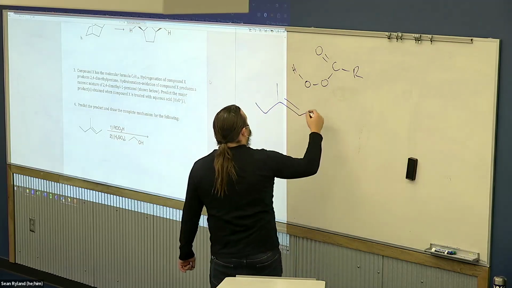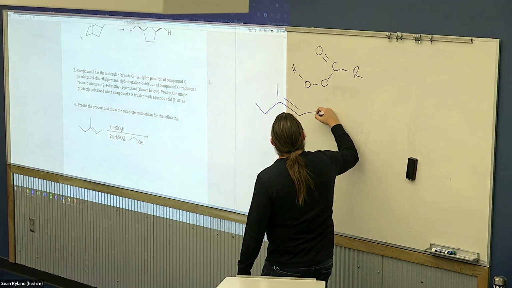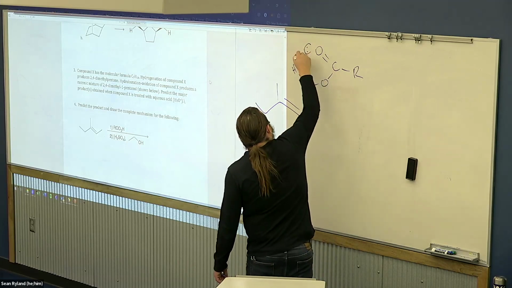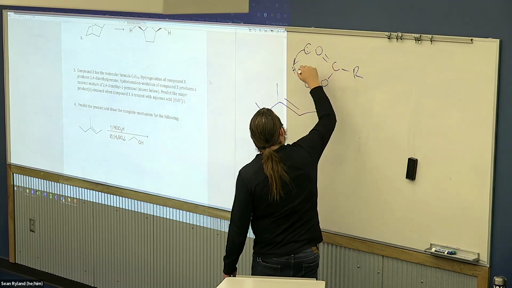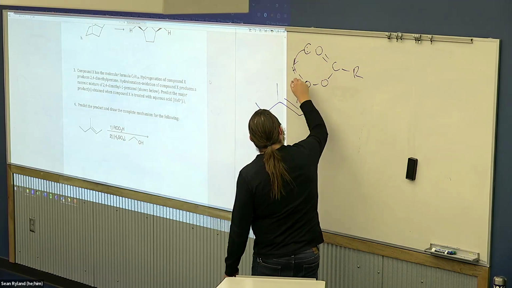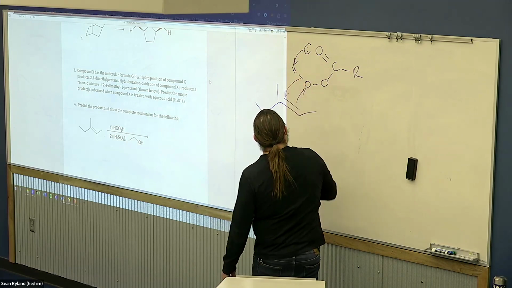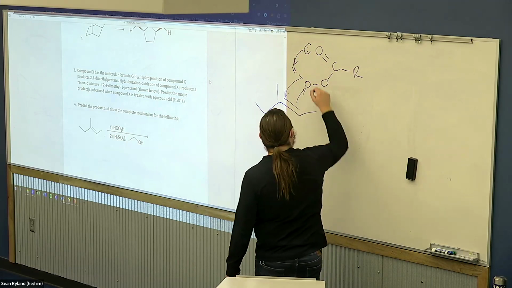I was missing the oxygen. Yeah, so we're gonna have this move that way. These electrons go there, these electrons come over there to give it the epoxide.